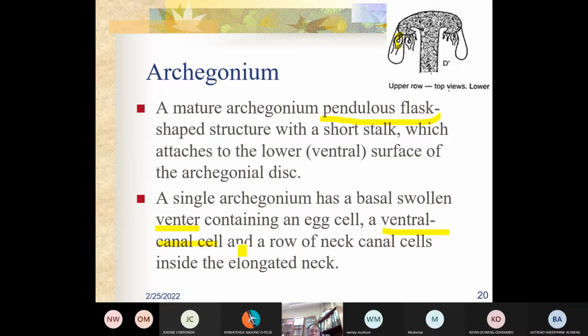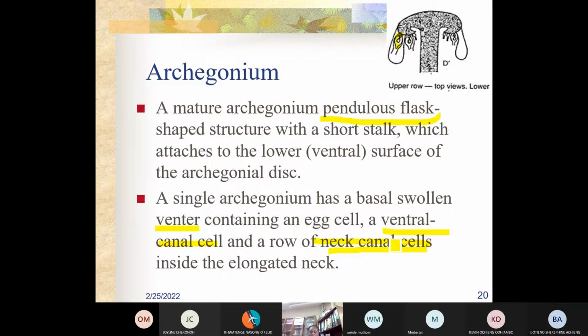So inside, before it ripens, the neck has rows of cells. There are many cells that are longitudinally placed. But after the archegonia is ripe and ready, with the egg fully developed, then the cells in that neck will normally break down, they will disappear.